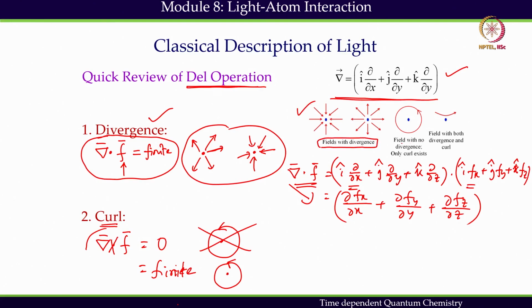The field with no divergence, only curl, exists because it's only rotating, it's not converging or diverging to a point. And the field with both divergence and curl, you see that there is a tendency to converge to a point and then the curl also exists. So by doing these two mathematical derivations, one can directly find out what is the nature of the field or the force in the medium.